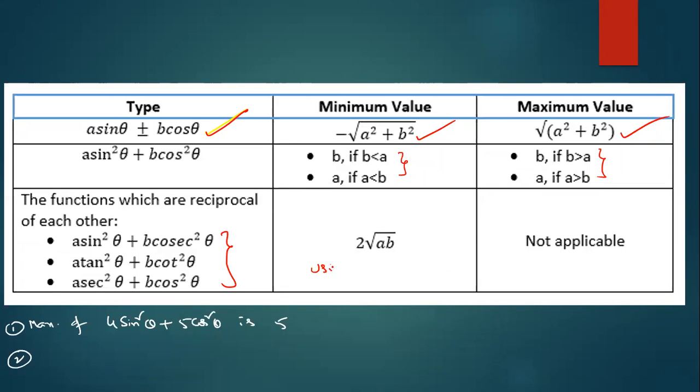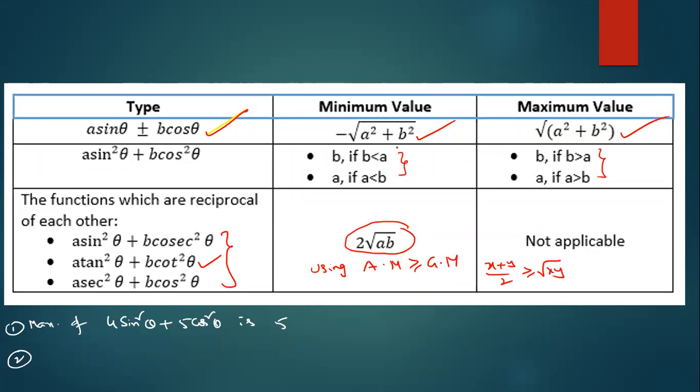Using what we just derived, AM is greater than or equal to GM: (X plus Y) by 2 greater than or equal to root over XY, with X as A tan square theta and Y as B cot square theta. If it is not applicable, you cannot find the maximum; that is infinity.